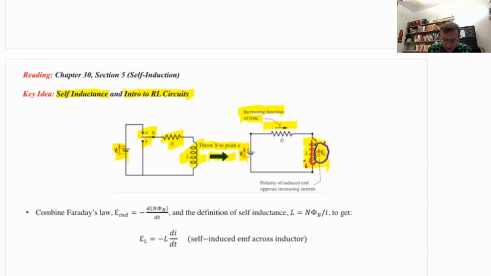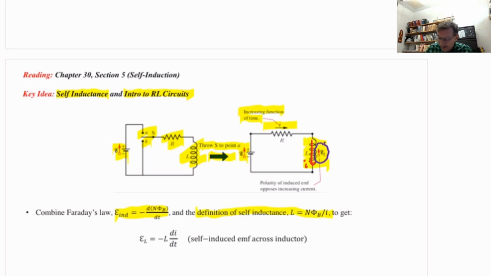So now we're going to combine Faraday's law, curly E induced is negative d/dt of N times phi B, the total magnetic flux, along with the definition of self-inductance. That's what the L is called, self-inductance.